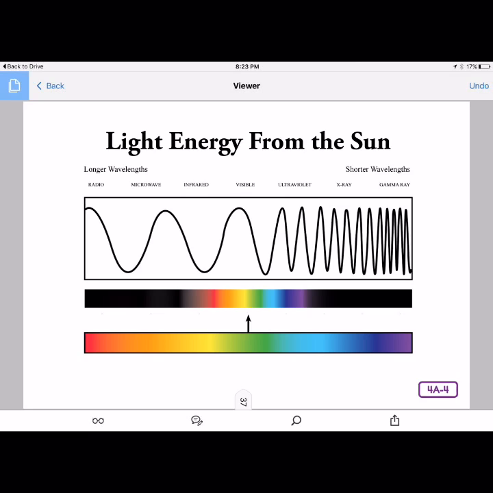Now, you heard that white light is related to visible light. What is white light made up of? Here's a hint. Remember the name Roy G. Biv.